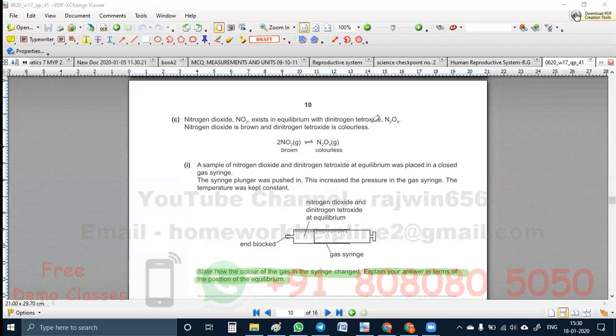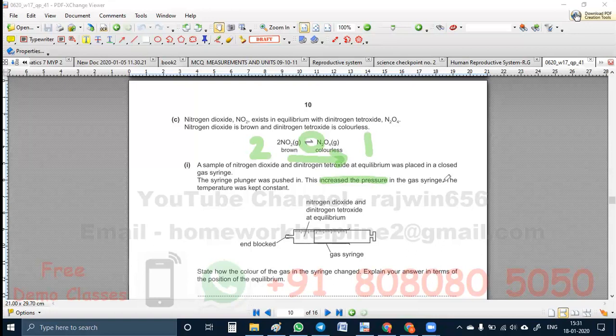Okay, as we have seen in the earlier classes, if this is 2 volume and this is 1 volume, obviously this reaction has to be a reversible reaction. The forward reaction is proceeding with decrease in volume. When I'm applying increase in pressure, I'm also trying to decrease its volume.